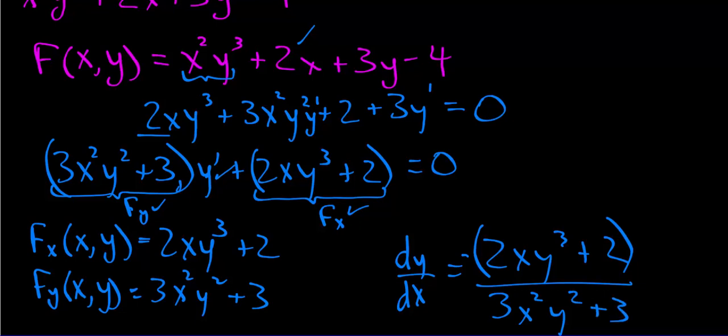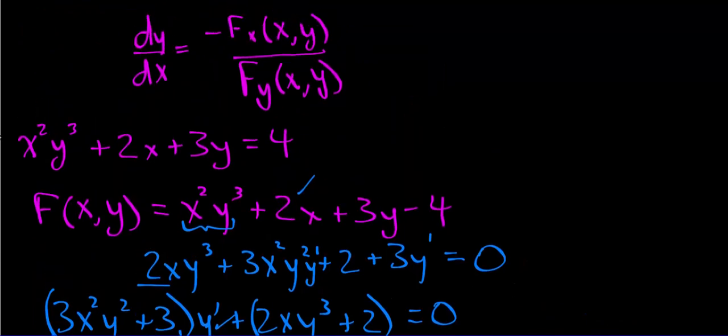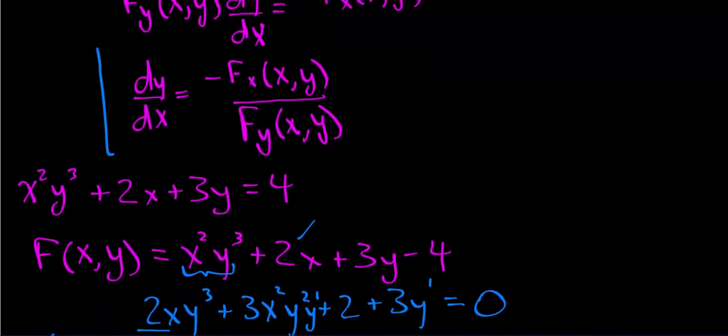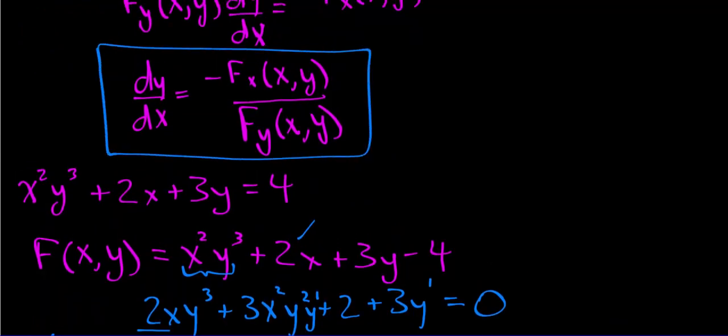But the point is, this is like a shortcut to implicit differentiation. If you want dy/dx, take the partial with respect to x, the negative of that goes in the numerator, divide it by the partial with respect to y. And that's a shortcut for implicit differentiation.